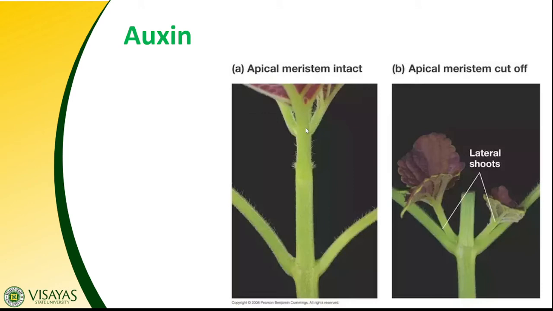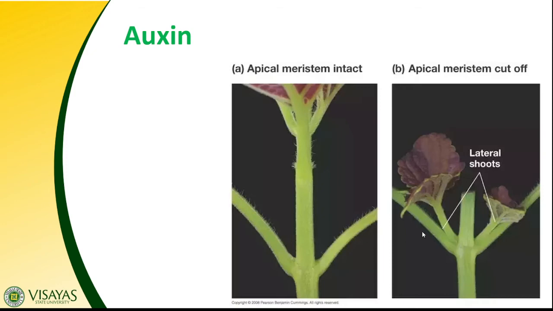So if we do not cut off the shoot part of the plant, it will continuously grow tall, because the meristem is intact and it is in the meristem or the shoot apex where the auxin is produced. The other picture now shows the apical meristem being cut off, and so the site of auxin biosynthesis is removed, and this allows the lateral shoots to develop.